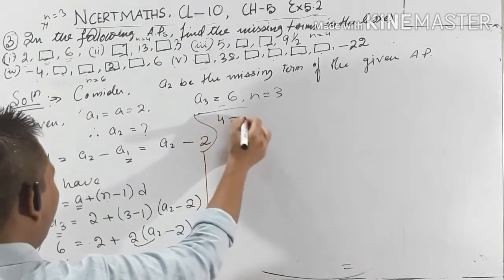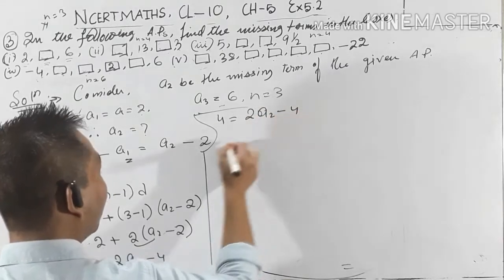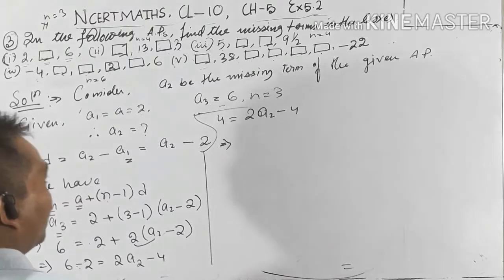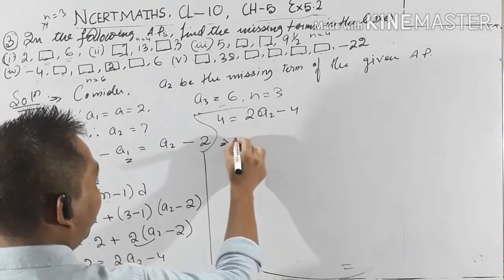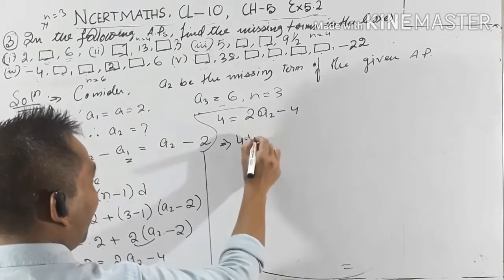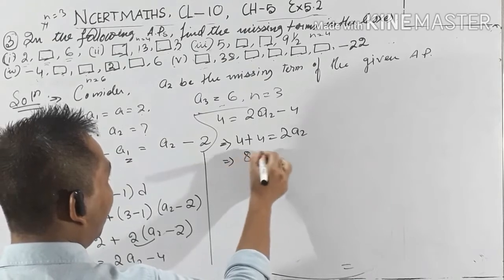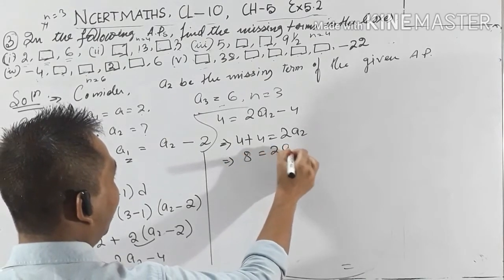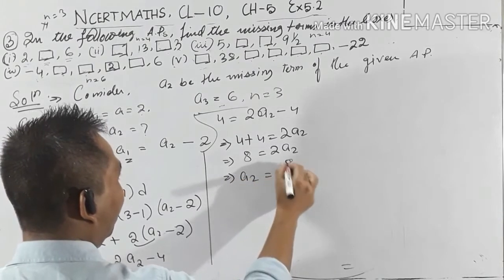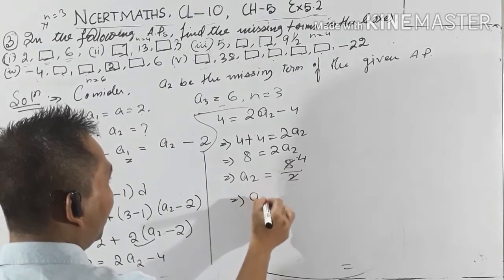So 4 equals 2 times A2 minus 4. On transposing, it becomes plus, so 2 times A2 is 8. That means A2 is 8 upon 2, that is 4. That means A2 equals 4.